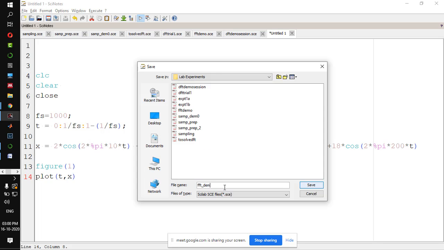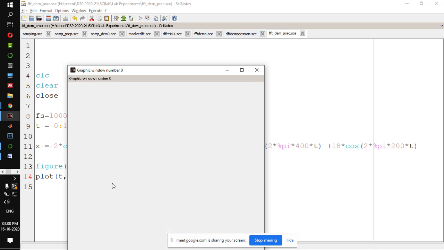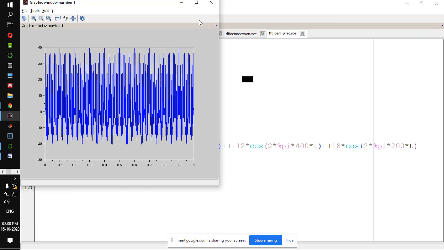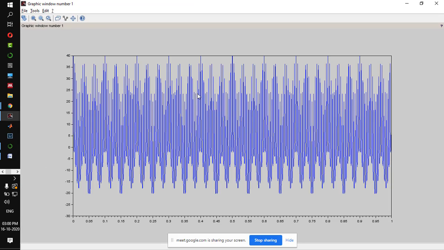DFT_demo_practical_approach. Fine. So this is our time domain signal x of t, or if I plot it in terms of samples, I'll get x of n.